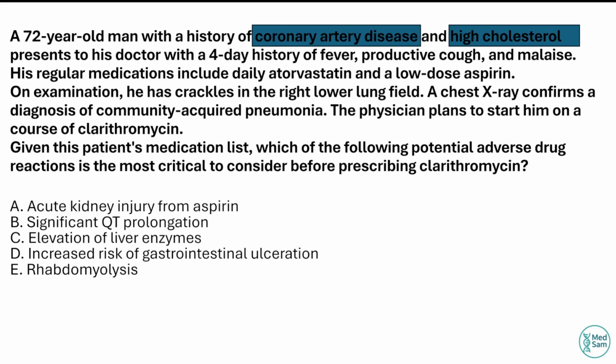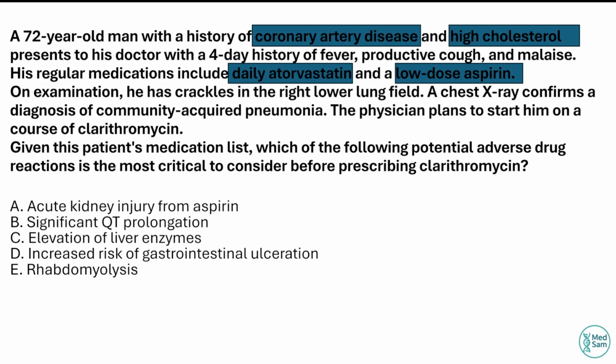Which drugs are used to decrease or inhibit the synthesis of cholesterol? It's the statin family. Here, our patient takes atorvastatin daily. Atorvastatin is a long-acting statin, which, as we said, inhibits the HMG-CoA reductase enzyme, decreasing the synthesis of cholesterol and treating coronary artery disease. He also takes low-dose aspirin.